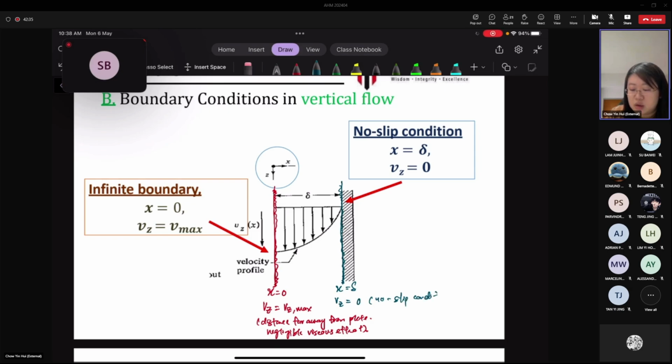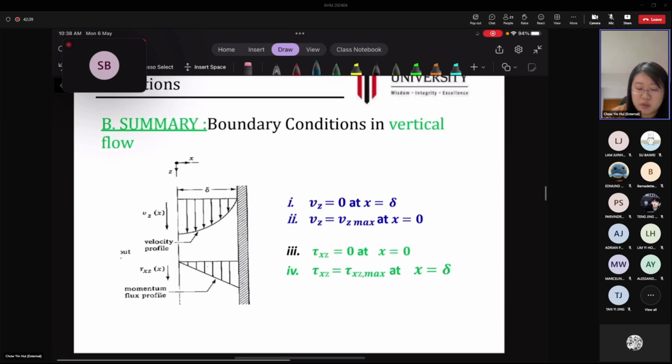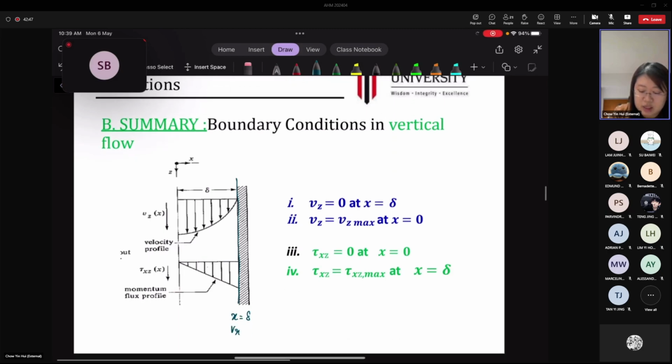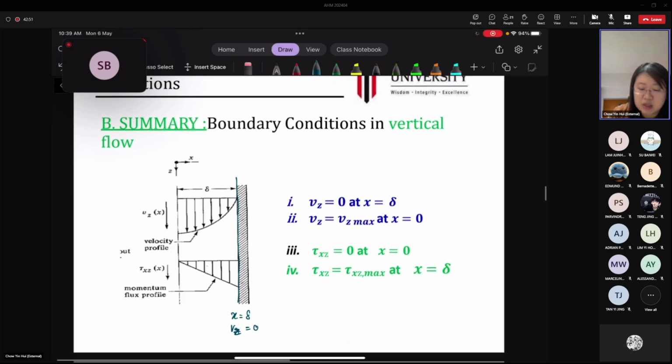So the reason is also that at this boundary, x equals delta, Vz is equal to 0. Okay, so how do you express the shear stress? We know that the shear stress here would be maximum, since this is the no slip boundary.